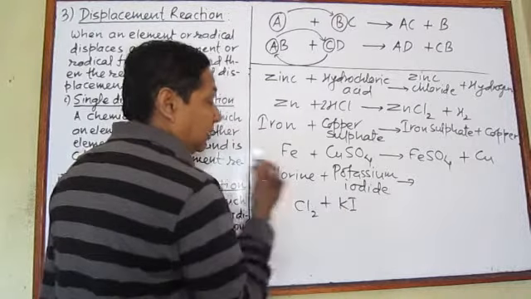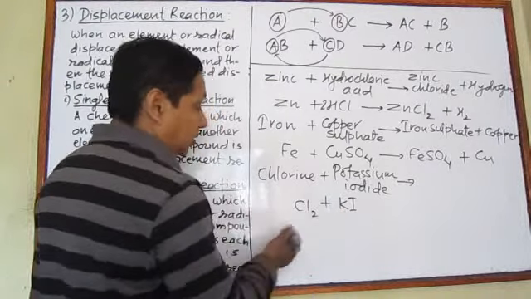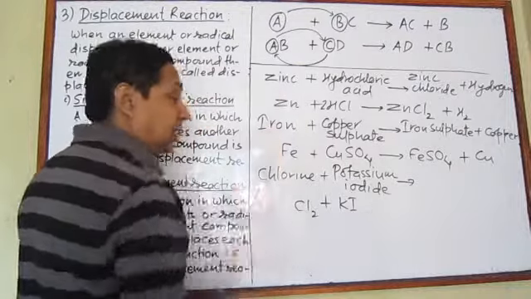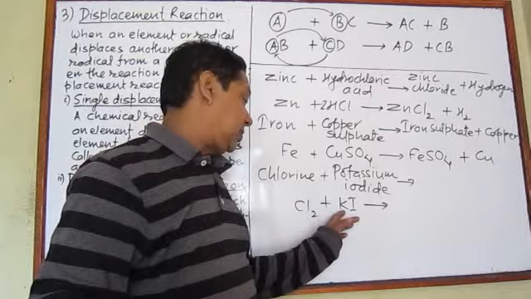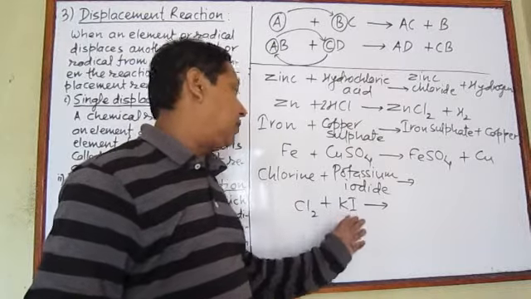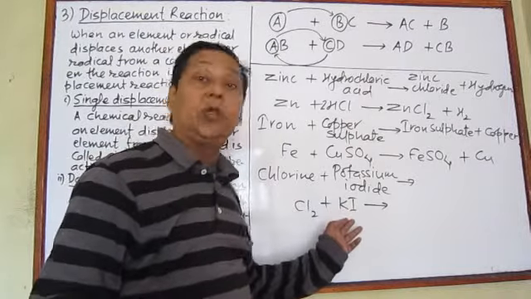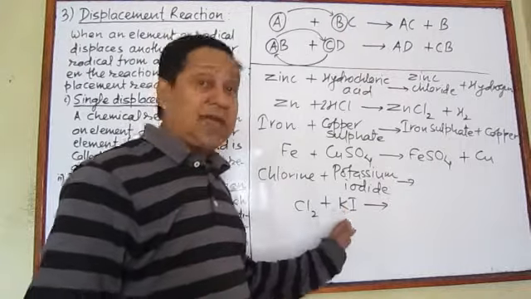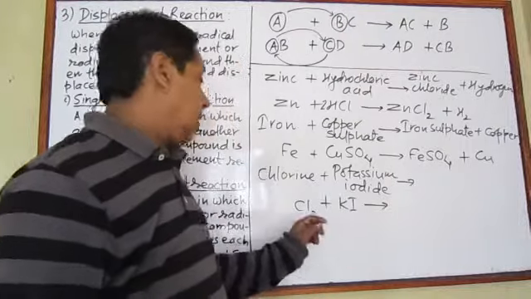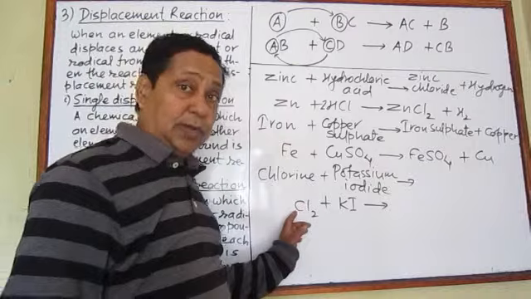Potassium valency 1, iodine 1, that's why no exchange. Chlorine is diatomic, that's why I am writing Cl2. Now what will be the product? This is a metal and this is a non-metal. When a metal and a non-metal combine to form a compound, the metal is always written first and then the non-metal is attached behind the metal. And chlorine is also a non-metal.